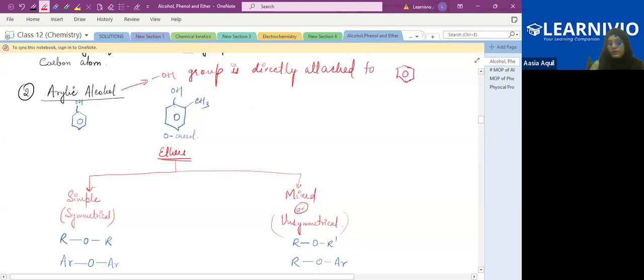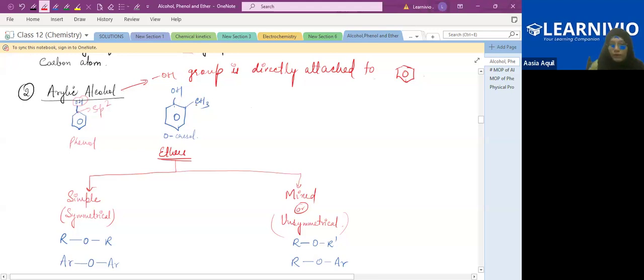This type of alcohol is known as arylic alcohol. And you know very well what a benzene ring is. So this is a phenol, right? The OH group is attached to this carbon, and this carbon's hybridization is sp2.